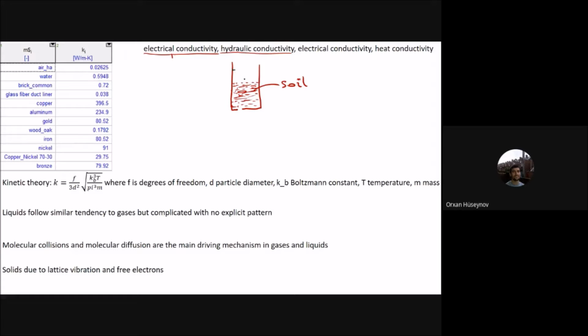Here you have the water inlet, and here you will have the water outlet. Due to this water inlet and outlet, you have a delta P of water. This soil conducts water through it. This conductivity depends on the properties of the soil or any other material. Therefore, the concept similar to electrical conductivity is hydraulic conductivity, which is used in hydrology.